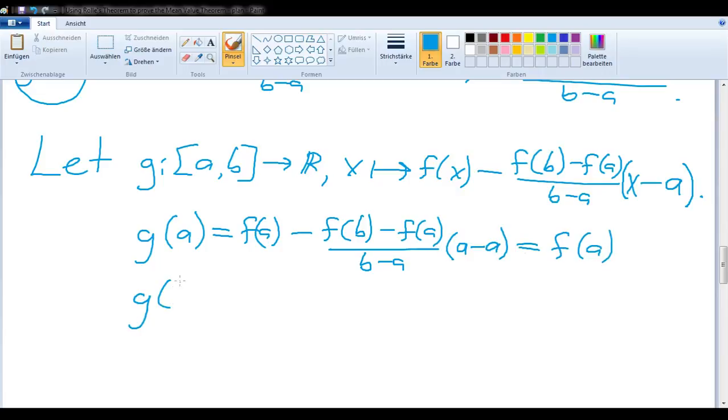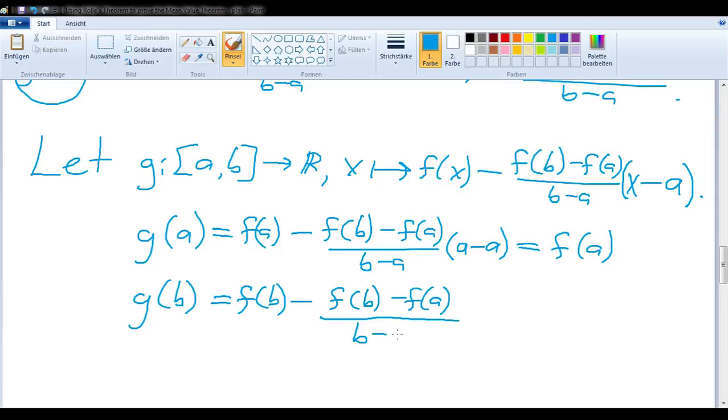Now let's check g of b. We then have, again I'm just subbing in here, f of b minus f of b minus f of a over b minus a, and again here comes the crux of the matter, b minus a. So this just cancels itself out. I end up subtracting f of b minus f of b, and then subtracting the negative of f of a, which just gives me f of a.